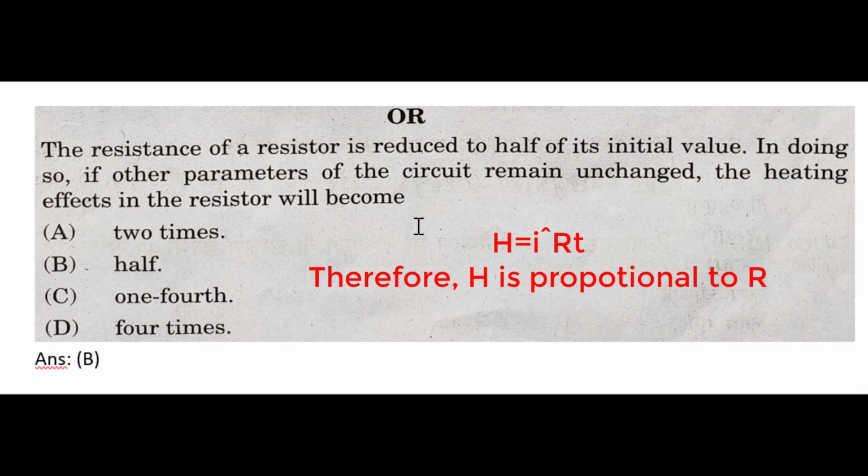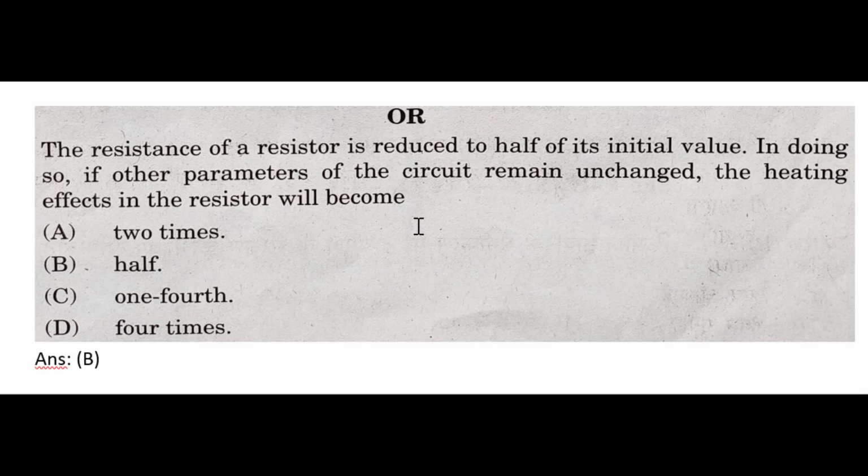As you know, H equals I squared R T. Therefore, H is proportional to R. That means heat produced is proportional to the amount of resistance. Therefore, the answer will be half. If the resistance of the resistor is reduced to half of its initial value, then the heat also will be half. Option B is the right answer.